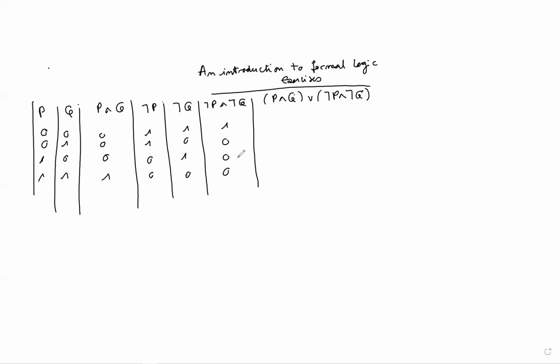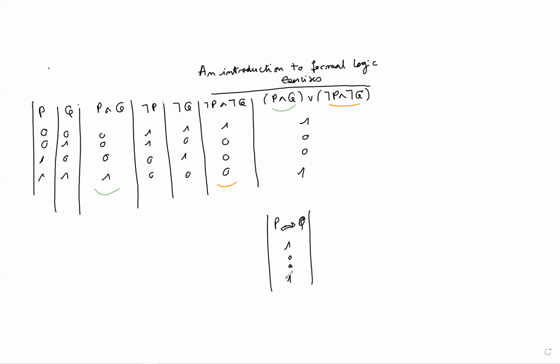And now you want this one or this one, which means one of the two must be true, at least one, maybe both. And that's exactly the same truth table as this one.